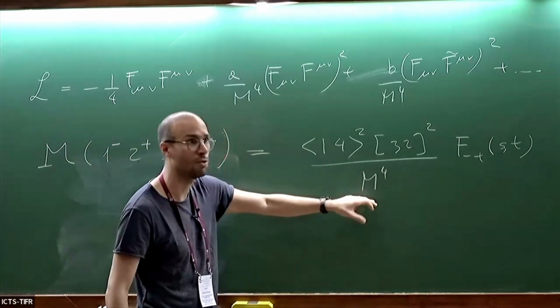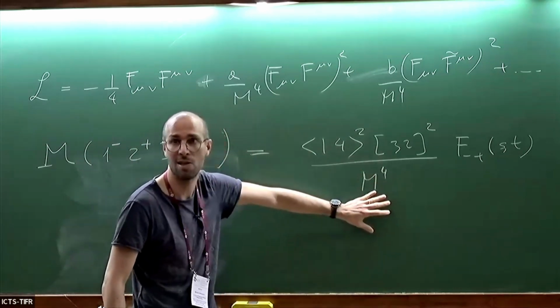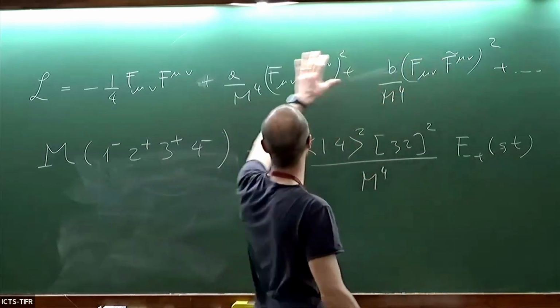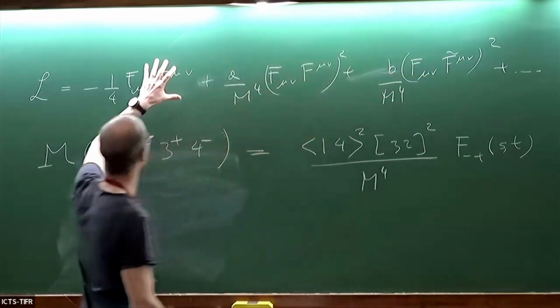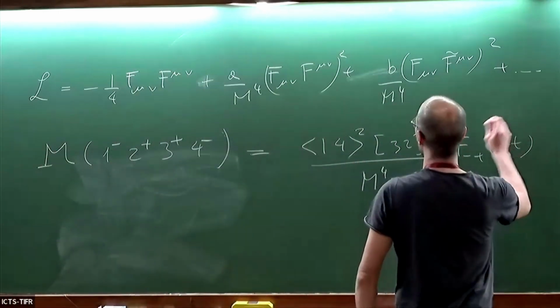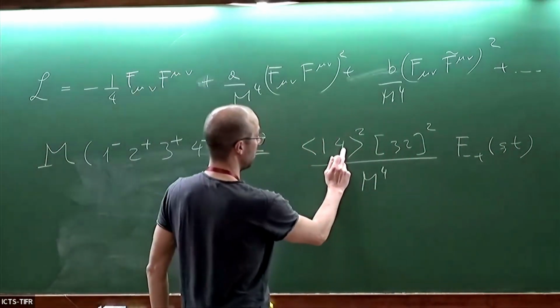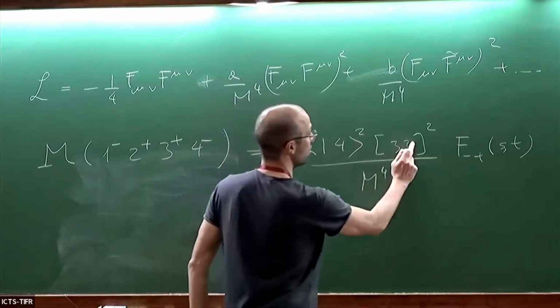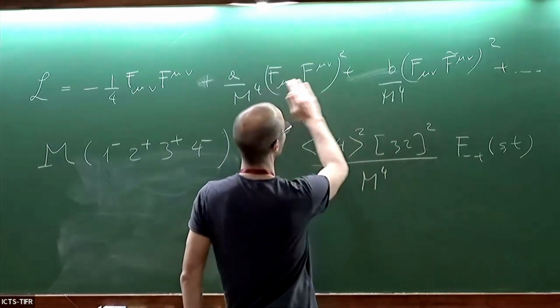In order to write it, you need m to the fourth in the denominator. This comes from an irrelevant deformation to a renormalizable theory. So in this case, this f here is energy squared, so this is E to the fourth, so it must be a linear combination of these two.